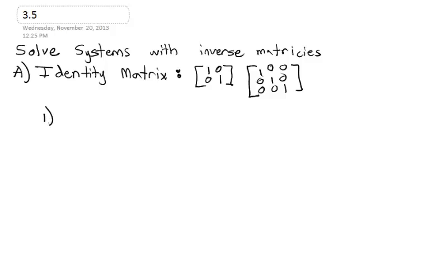And what makes it an identity is if we take any matrix times the identity, say we take the matrix 2, -3, 4, 1, and multiply it by the identity matrix that matches its dimensions, let's take a look at what we get.